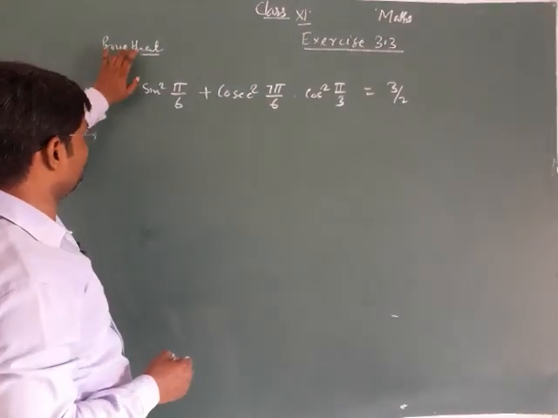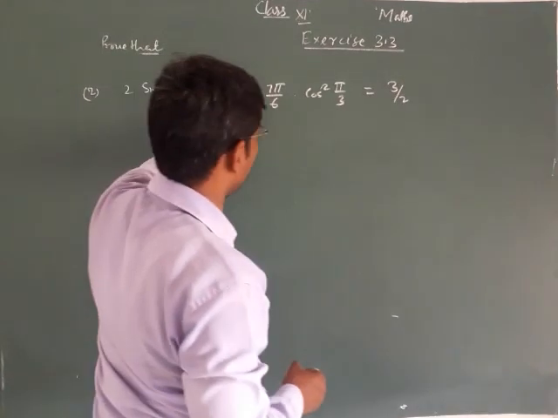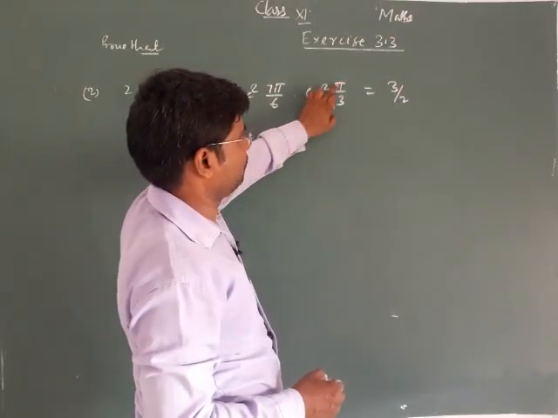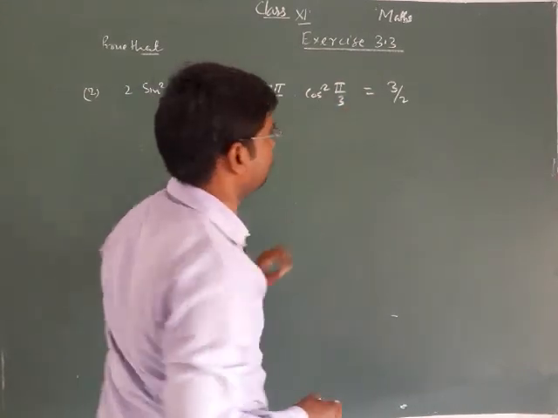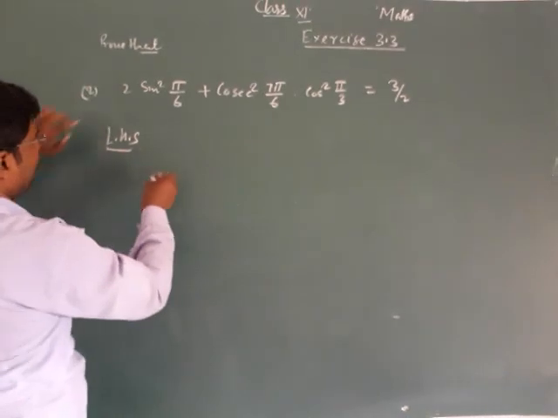Question number 2: prove that 2 sine square pi by 6 plus cosec square 7 pi by 6 plus cos square pi by 3 is equal to 3 by 2. Now take the LHS.